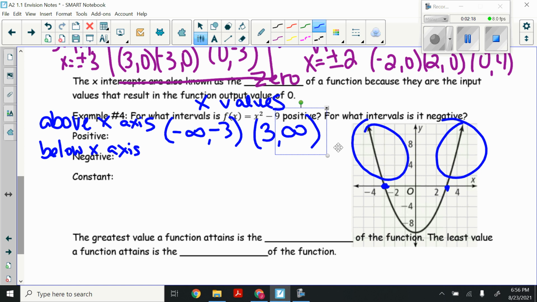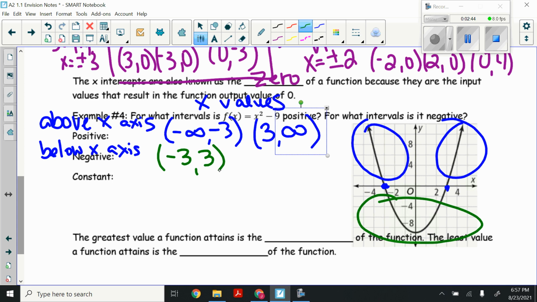So now where is it negative? Where is it below the x-axis? All of this is below the x-axis. From -3 to 3, it's below the x-axis. But at -3, it's 0, and at 3, it's 0. 0 is neither positive nor negative. So negative is going to be -3 to 3, both in parentheses.